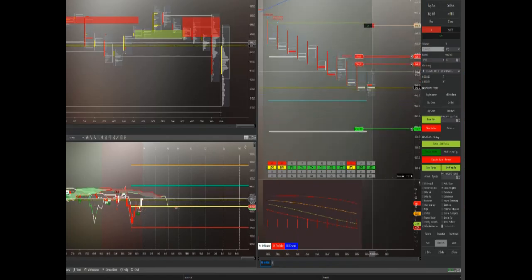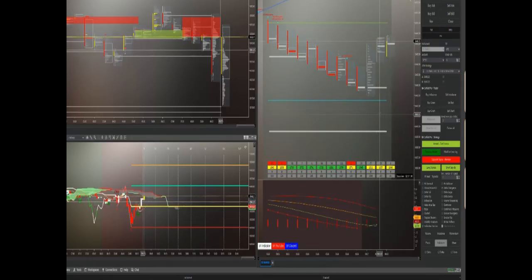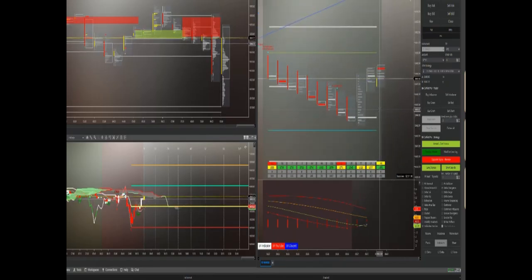I'd rather protect capital as an insurance policy, knowing that it's going to get me right back in if it continues moving, so I don't really have that much to worry about. It's better for me to be on the side of caution and protect so I don't have the drawdown, knowing that the order flow is going to get me back in anyway if it does continue in that way. So I don't have the fear of missing out. I know that the order flow is going to take care of it.